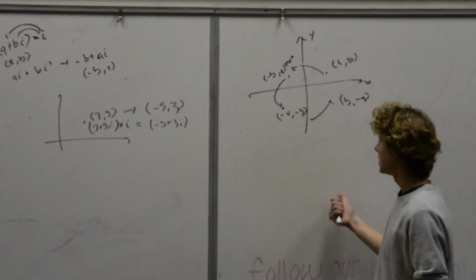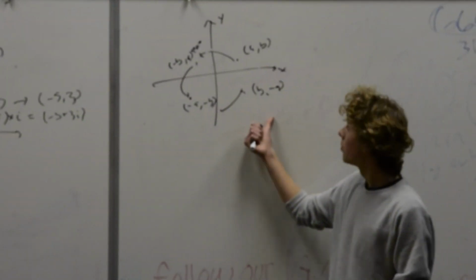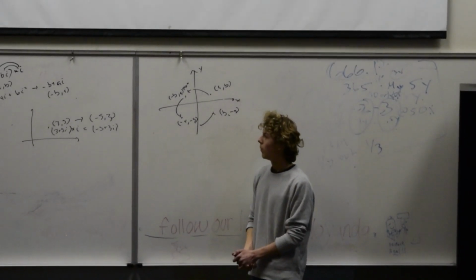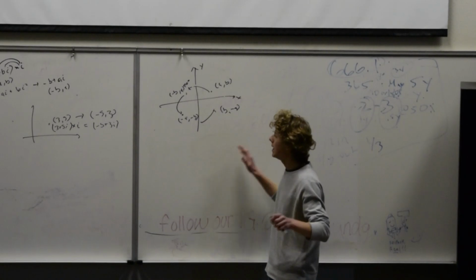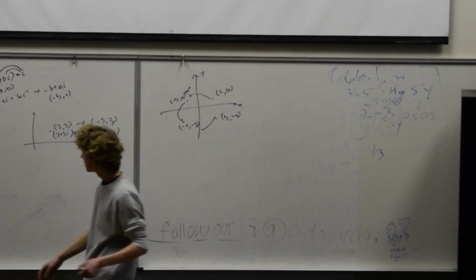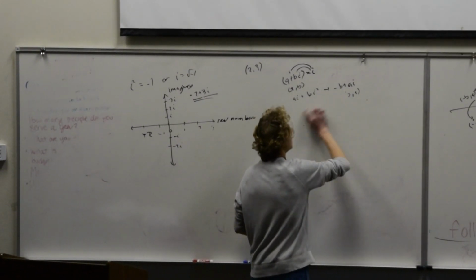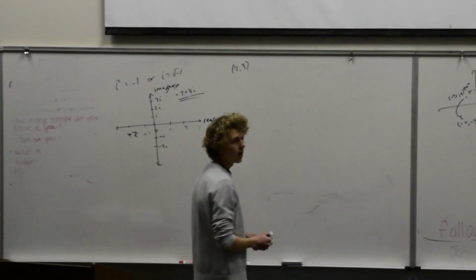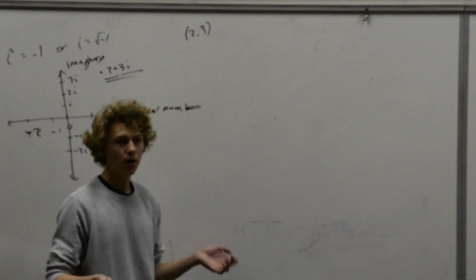But what if we wanted to take this a step further? What if we wanted to find not just our ending point if we rotate 90 degrees, which is really simple to do by drawing it out, but the point if we rotated it by any angle, say 30 degrees or 45 degrees? So for example, let's look at where the numbers i, -1, and so on land on the plane.